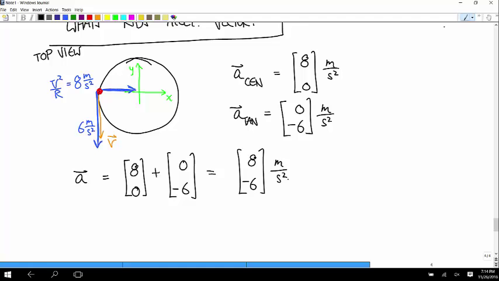This didn't ask anything about forces, but the next part of the question could be like, what horizontal force is required for this kid to stay in that circular motion? And then we could use Newton's second law to calculate that.